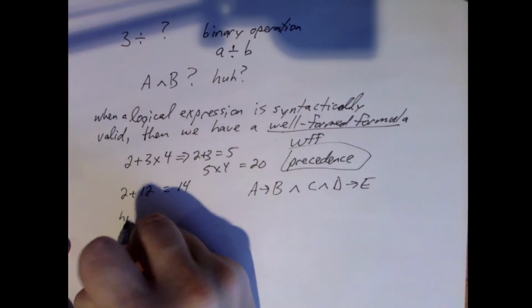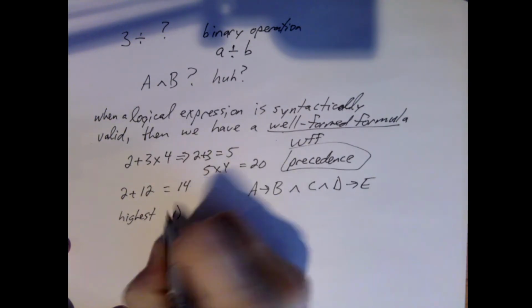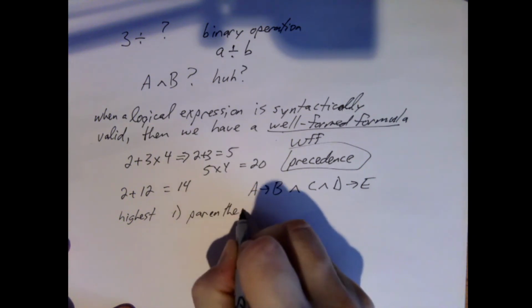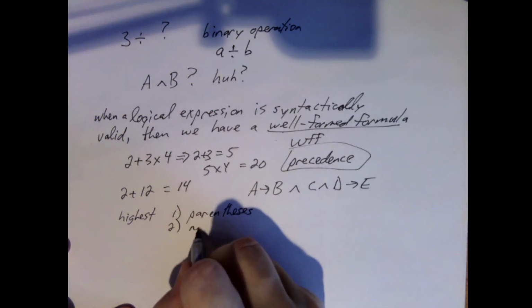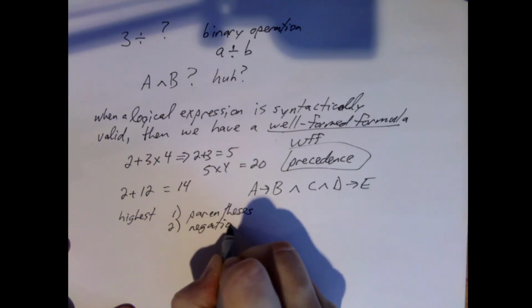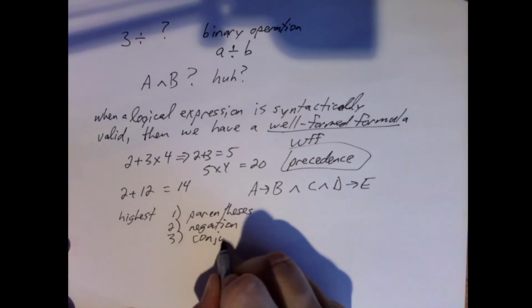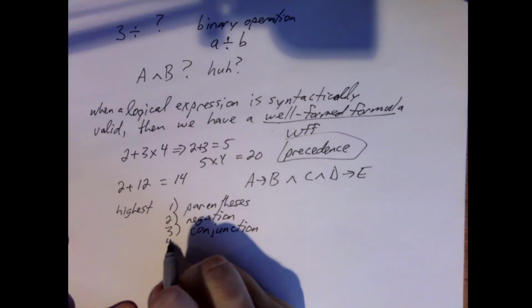So highest, we'll call this 1, will be parentheses. We'll have negation below that, conjunction, disjunction.